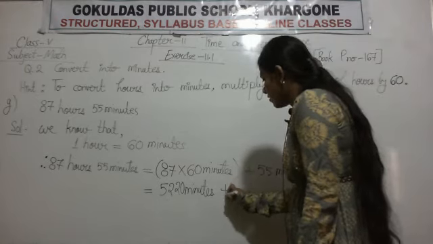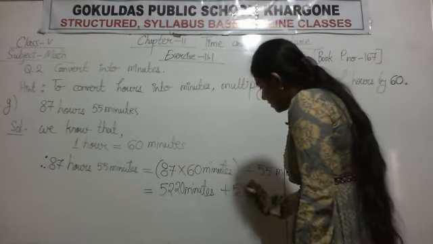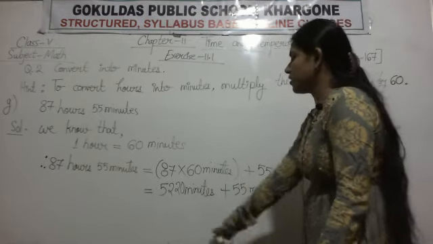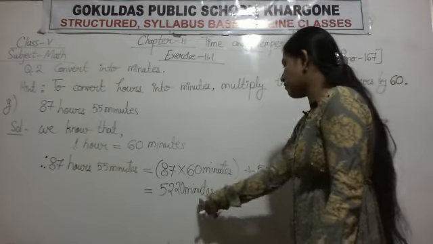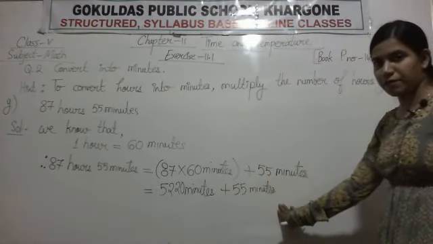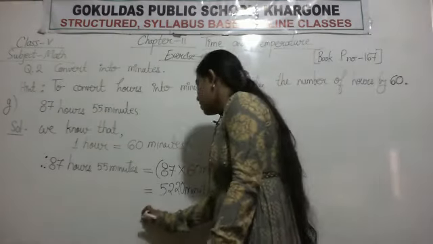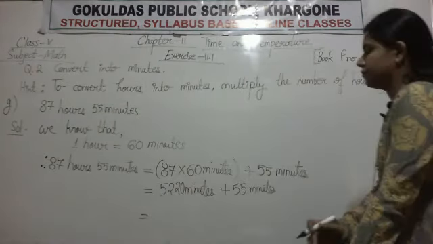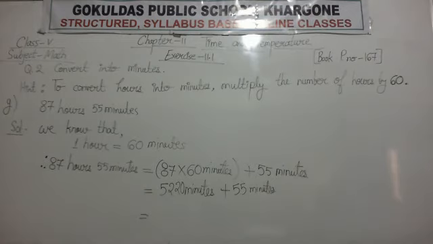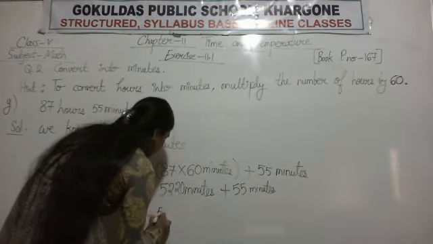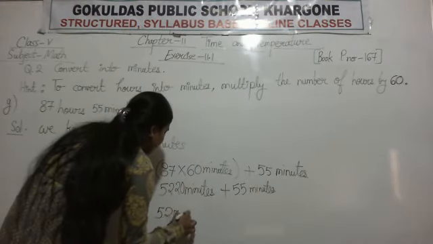Then plus sign, then 55 minutes, write as it is. Now see, both the numbers are in minutes, their units are the same, so we can add them. Add both the numbers. After addition, we get 5275 minutes.